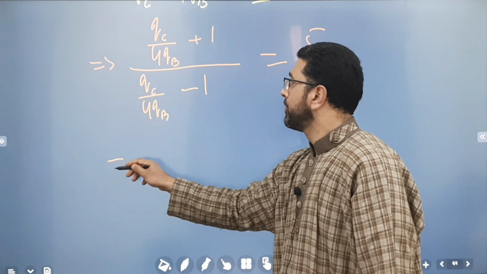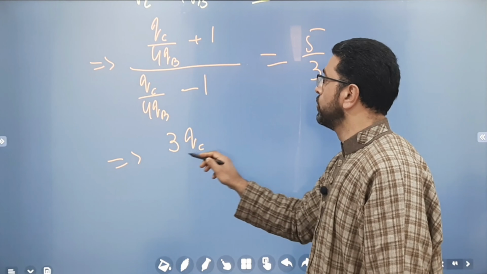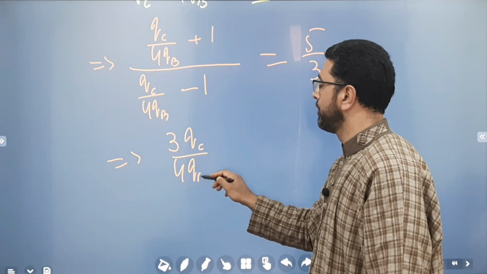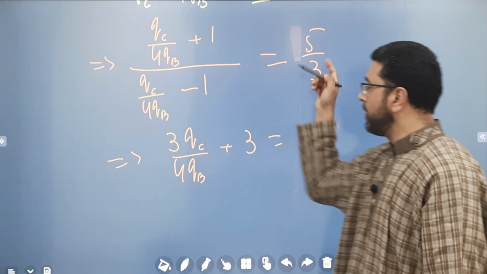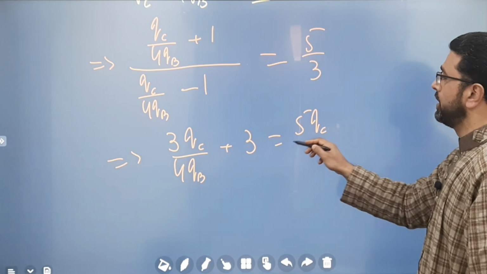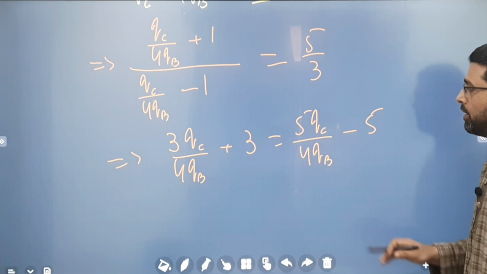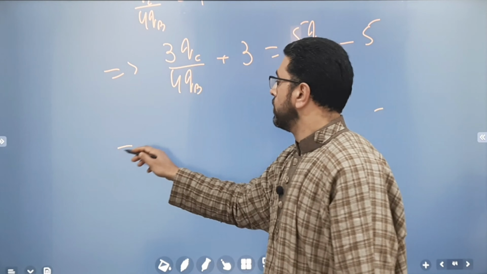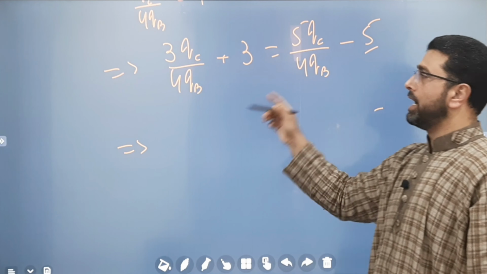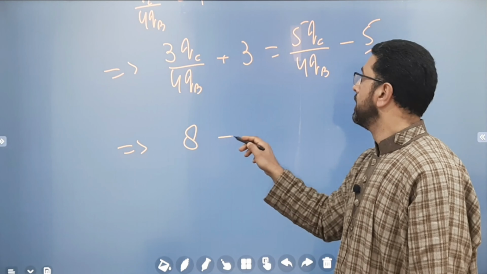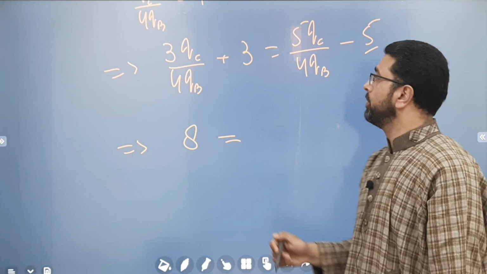Now cross multiply. 3 times QC divided by 4 QB plus 3 into 1 is 3, is equal to 5 times QC divided by 4 QB minus 5. So this implies, I'll shift 5 to this side, 5 plus 3 is 8, is equal to, shifting this to this side, 5 minus 3 will become 2.